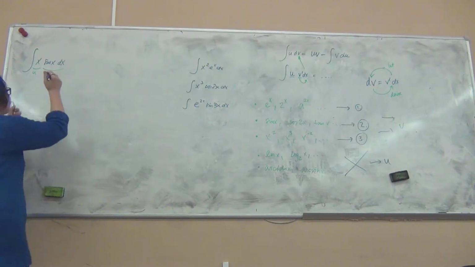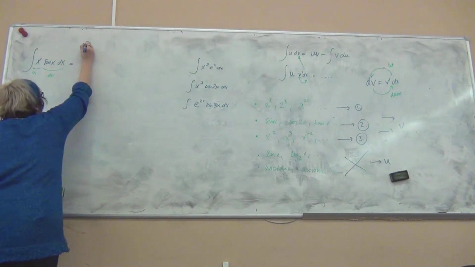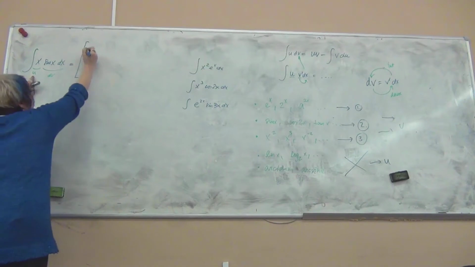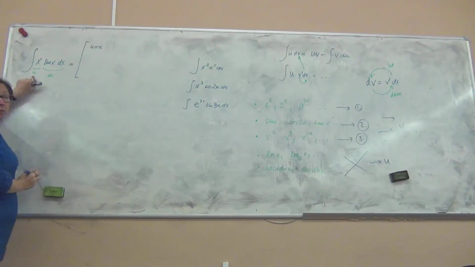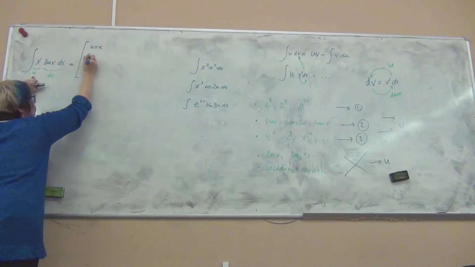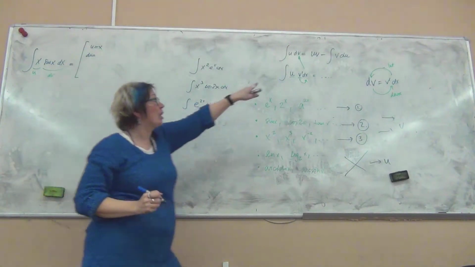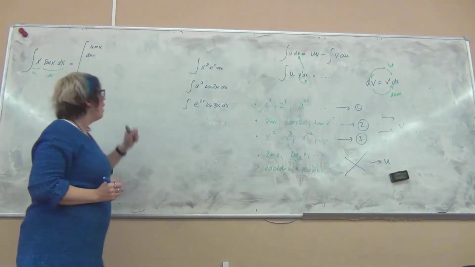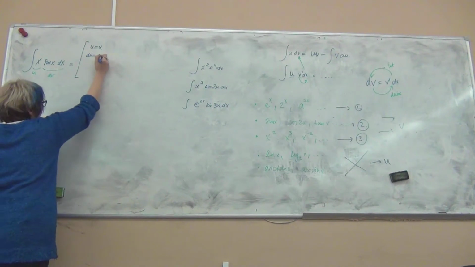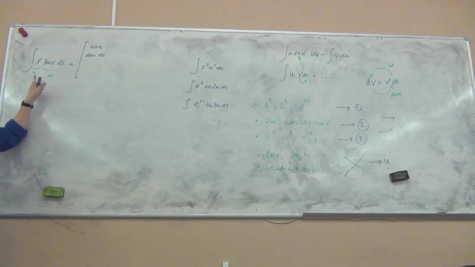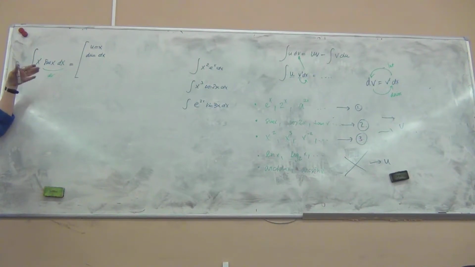So now the serious part. The serious part that we are doing is, okay, so if the u function is x, then du, well, we will need du for the formula. I express du, it's the same, it's dx. Sometimes it's something else, it could be x squared or something else.